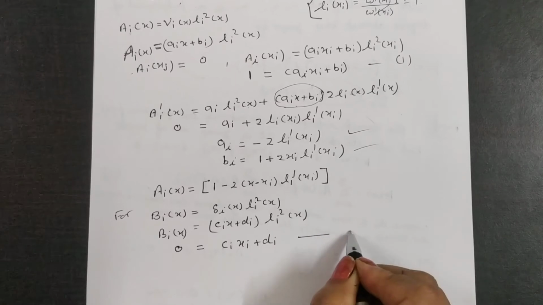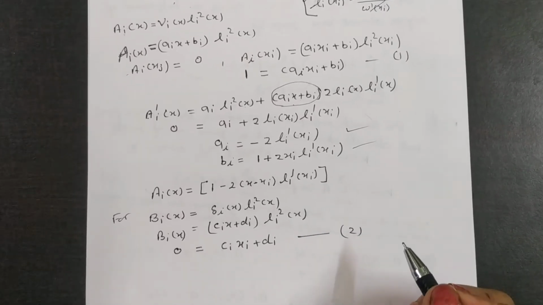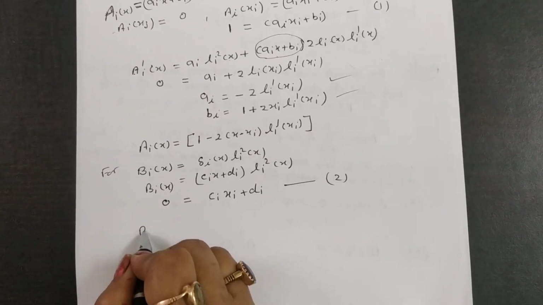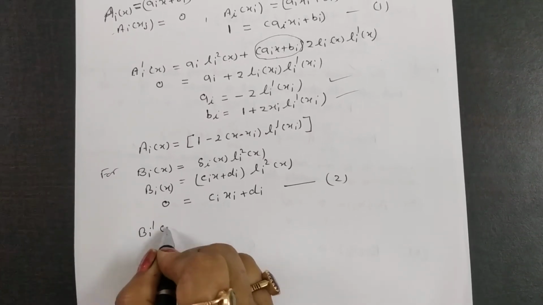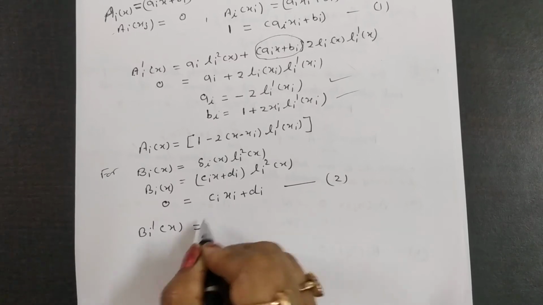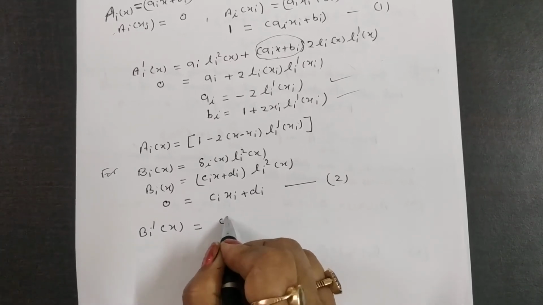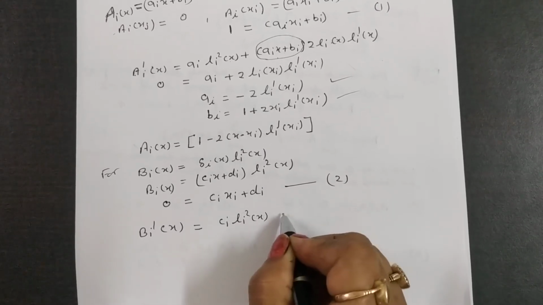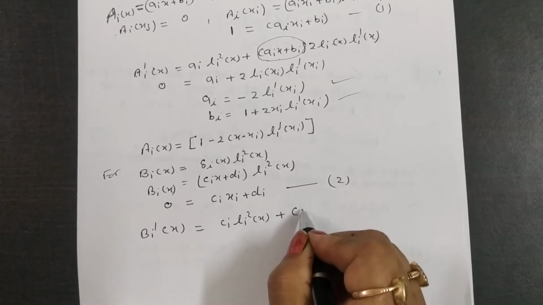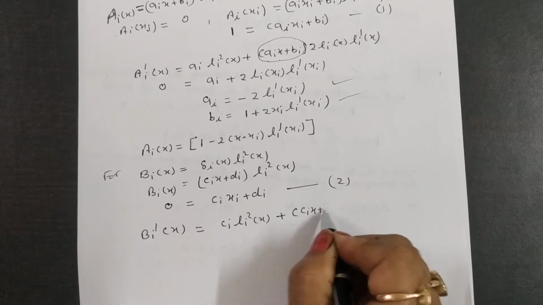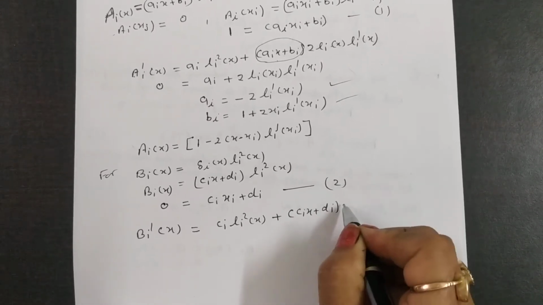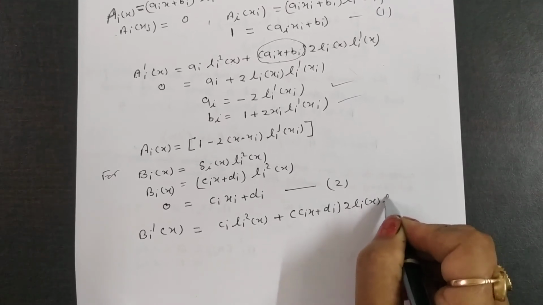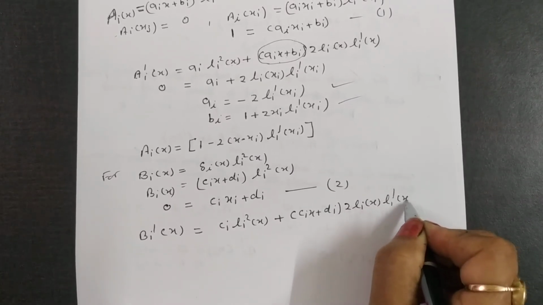You can see equation number 2. Now differentiating this, bi dash x is equal to ci li square x plus cix plus di times 2 lix and li dash x.